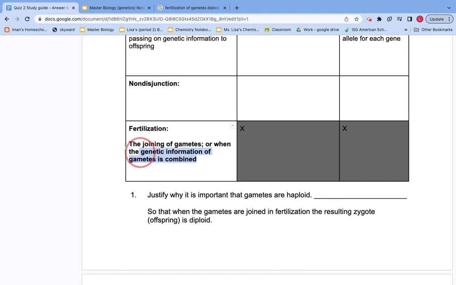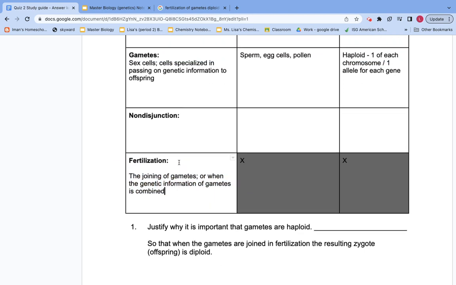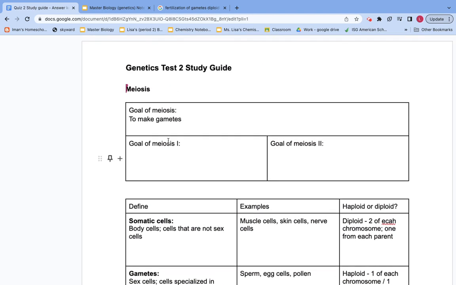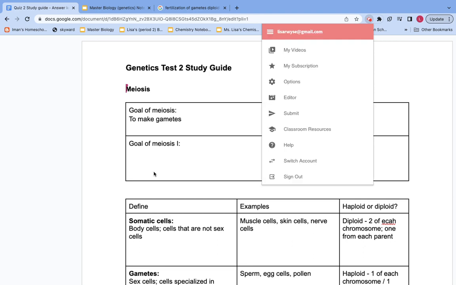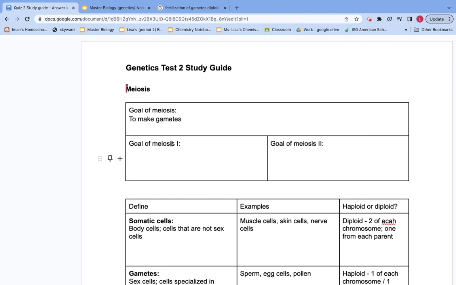Okay, that would be our fertilization. Okay, so we talked about meiosis. Our goal is to make gametes, which are our reproductive cells, and we talked about what gametes are. And now let's talk about what is our goal of meiosis 1.